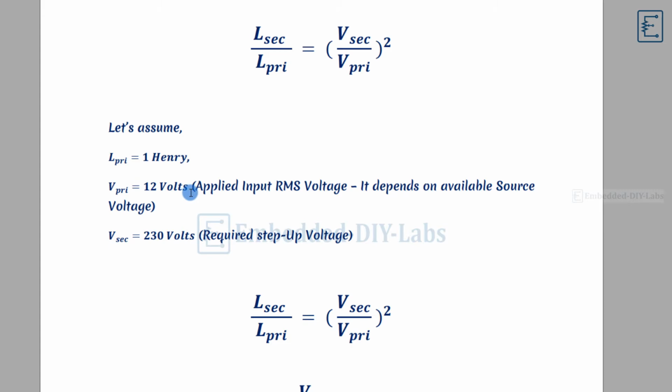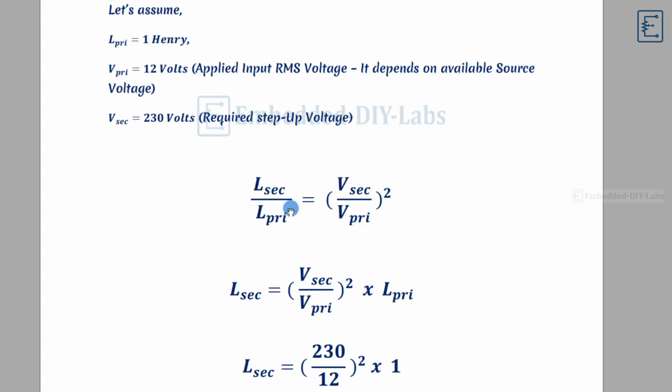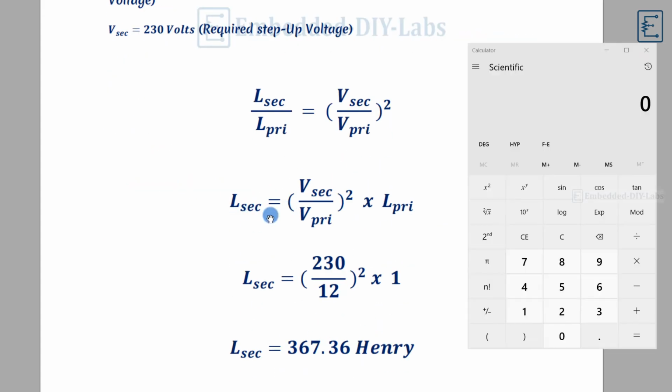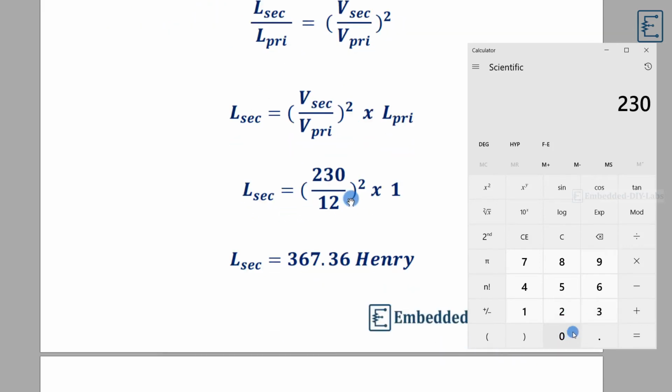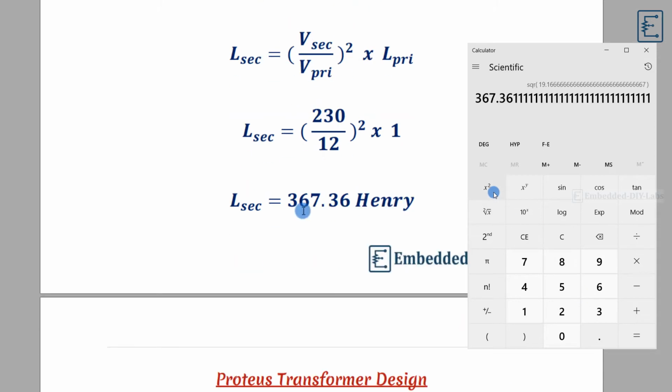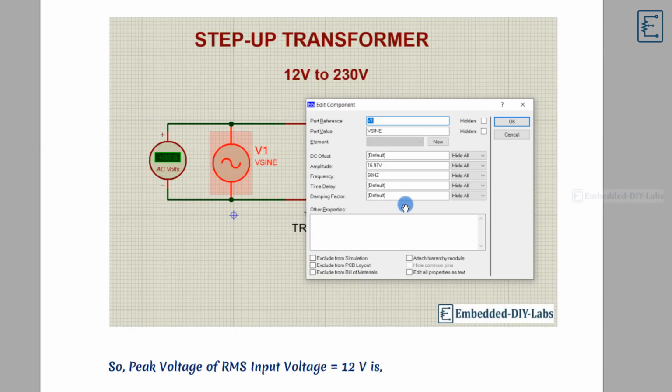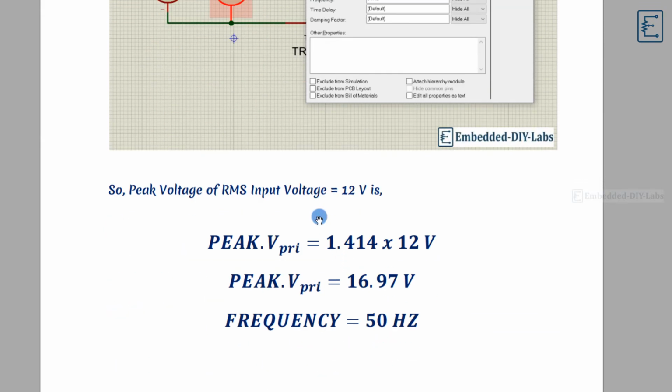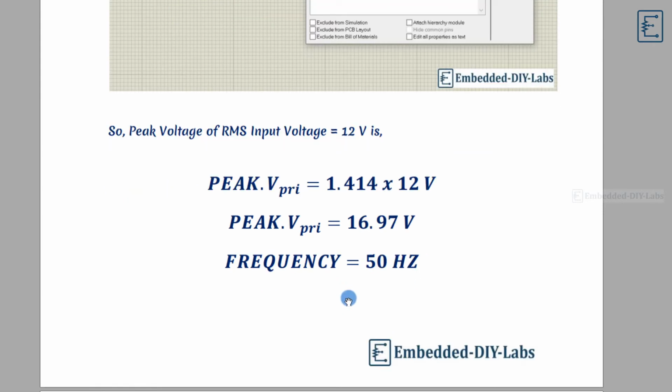Applying that in the inductance ratio formula, we will get (230 by 12) squared into 1, which is 367.36 Henry as the secondary inductance. Then for 12 volt the peak voltage is 16.97 volt, and frequency is 50 Hz.